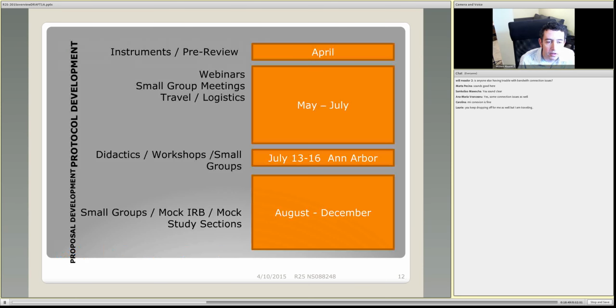So the timeline here is parsed out into the time periods of protocol development and then, to a certain extent, the proposal development that will occur after that initial portion of the course. So in April, it's a busy time with spring breaks and the American Academy of Neurology, which I know not everybody is a neurologist, but is a very big meeting that many people are involved in.